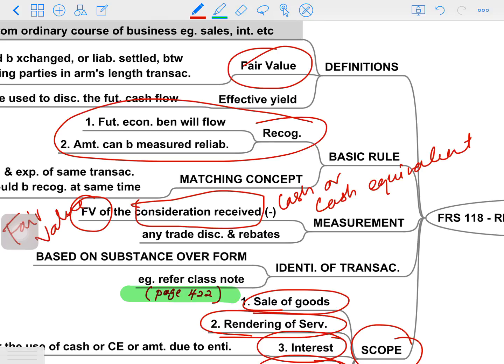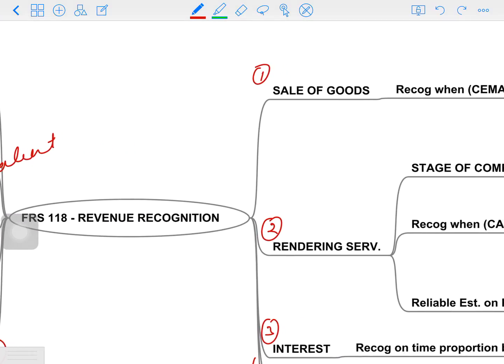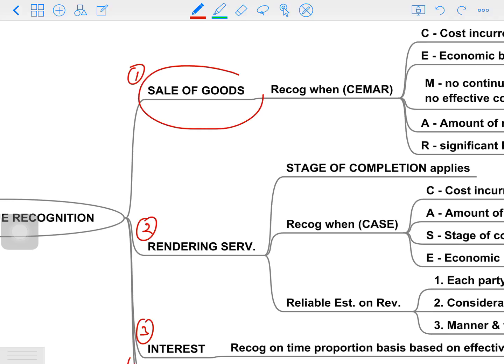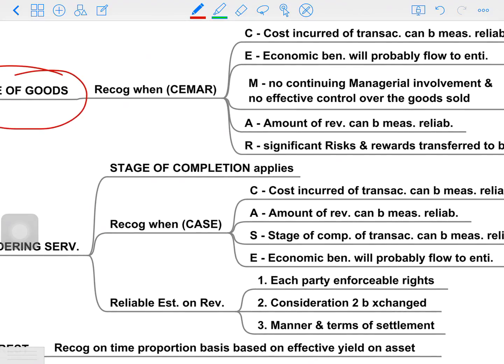Okay, and the amount of the revenue can be measured reliably. Okay, this is the basic rule, the general rule. But the more specific rule for each category of revenue, for example, sale of goods, will be discussed here.